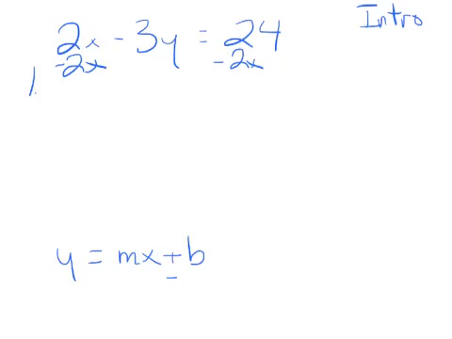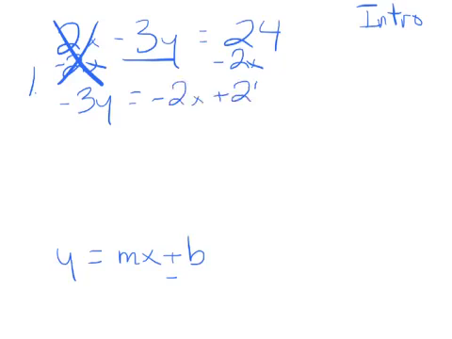Now, if you reviewed this, you cannot just take the 24 minus 2x and get 22x or something like that. That goes back to combining like terms. This cancels out, and then you're going to be left with negative 3y on this left side. We have our equal sign, and then you can write that as negative 2x plus 24.